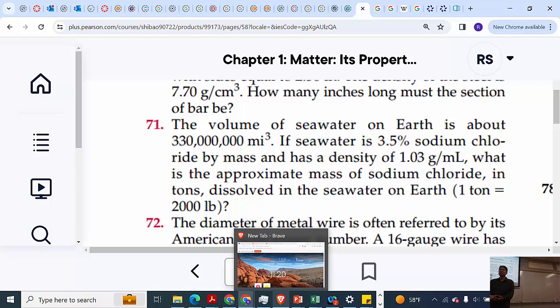It doesn't matter how much you have, intensive is independent. Extensive is dependent on the amount. So volume's extensive. This is volume. So if you have 1 gallon versus 2 gallons, it depends on the amount. Whereas if you have 1 gram per milliliter, then it doesn't matter if you have a gallon of water or 2 gallons of water, it's still 1 gram per milliliter.